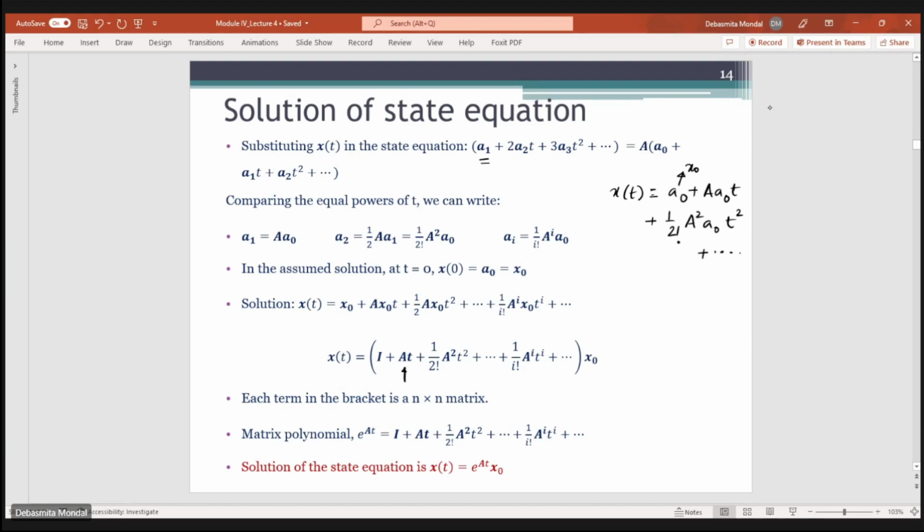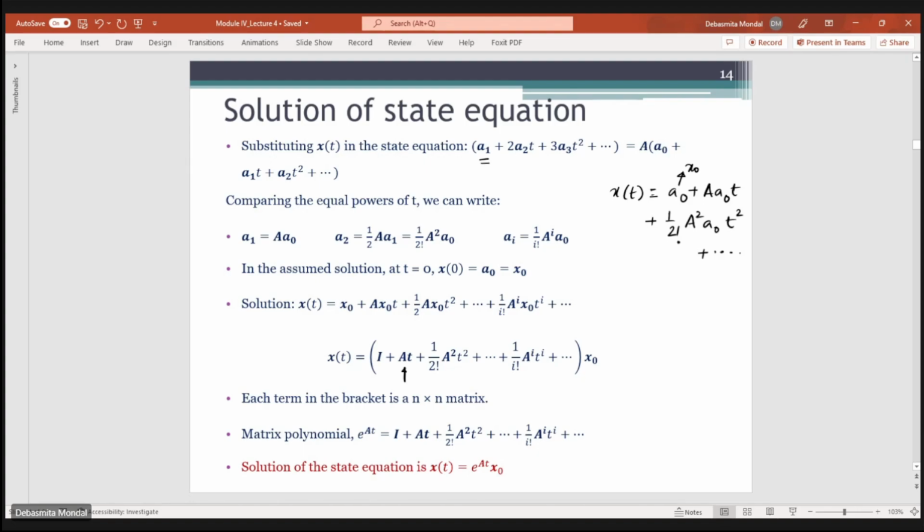So you can write that e to the power At, where A is the matrix A, is equal to I plus At plus 1 by 2 factorial A square t square, and so forth. So the solution to the state equation now becomes x(t) equals e to the power At multiplied by x0. Okay, and this e to the power At is known as the state transition matrix. We'll talk more about this state transition matrix in the next class.